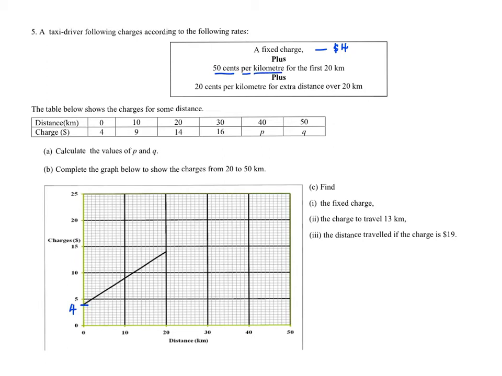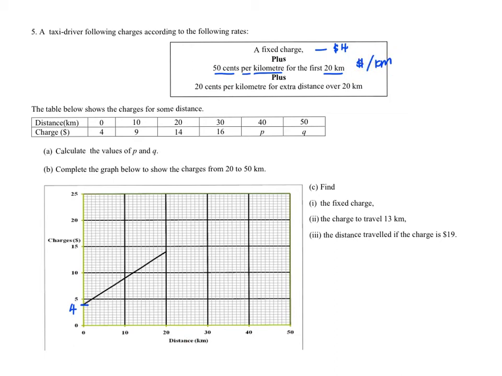Now when you see this, it is actually talking about the rate, so it's talking about money per kilometer. Okay, for the first 20 kilometers, so for the x-axis, for the first 0 to 20, you notice this one has a particular gradient. Now what is the gradient? The gradient is actually the y over the x, where y is dollars and x is kilometers, which is dollars over kilometer.